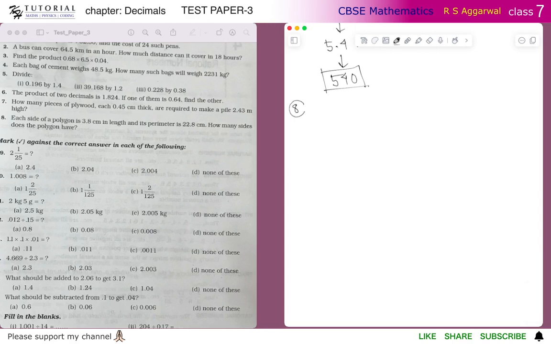Question number 8. Each side of a polygon is 3.8 centimeter in length and its perimeter is 22.8 centimeter. How many sides does the polygon have?